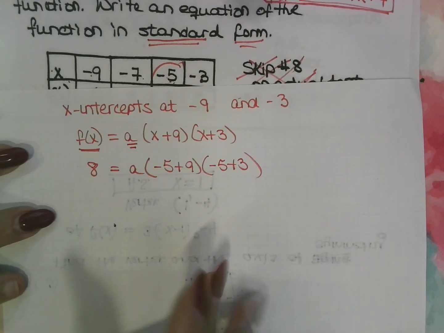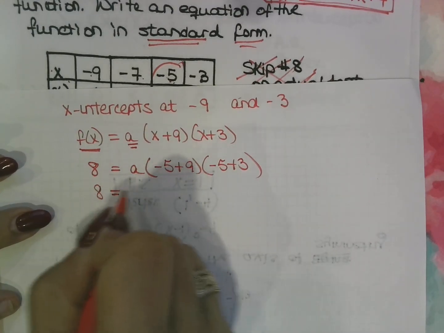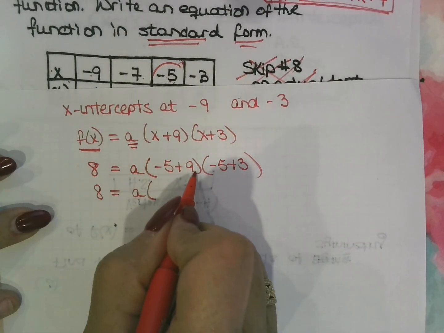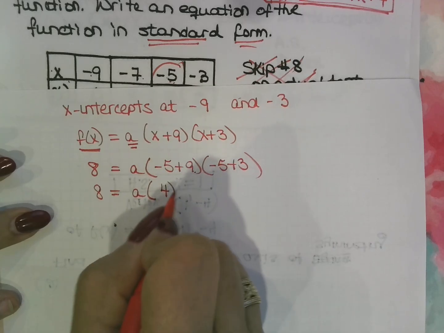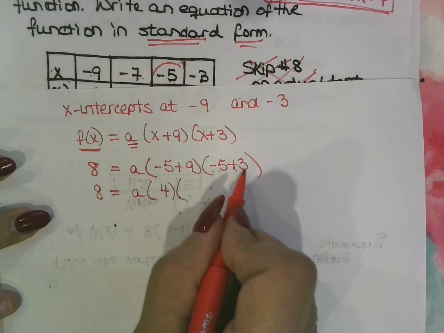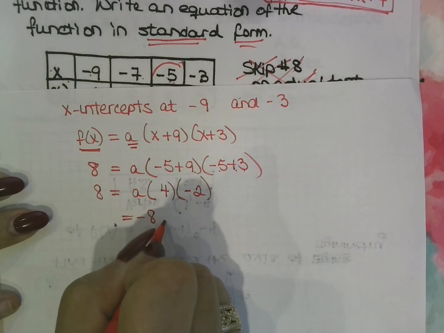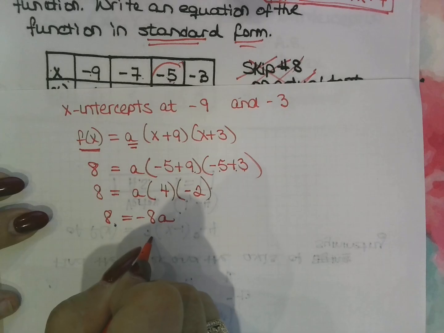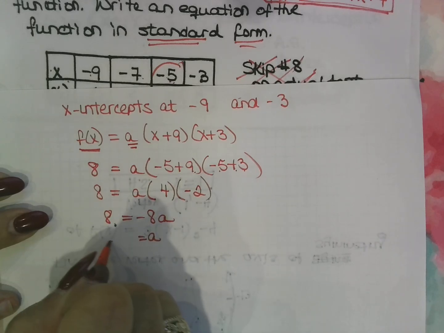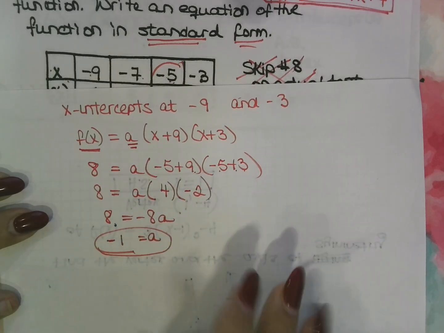Alright, this is going to give me 8 equals a times (9 minus 5, that's 4)(-5 plus 3, that's -2). So this is -8a, this is 8, divide both sides by -8, a is -1.